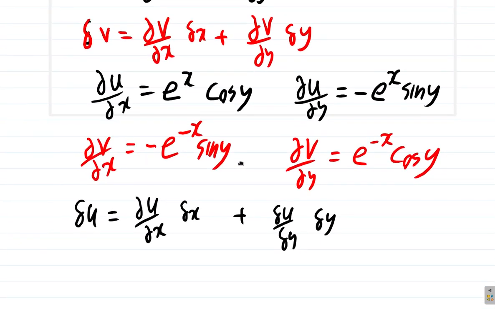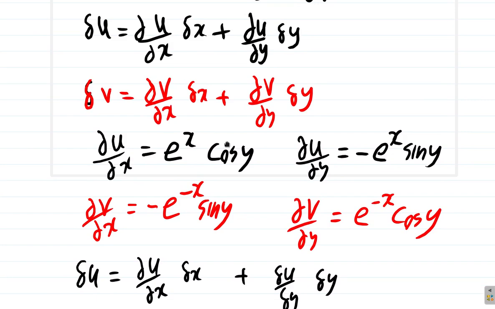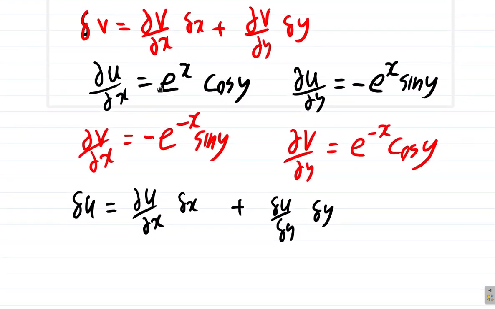Alright. What is delta u by delta x? Let's see. Oh, we have it here. Delta u by delta x is e to the x cos y. So let's erase this and put the e to the x cos y there.